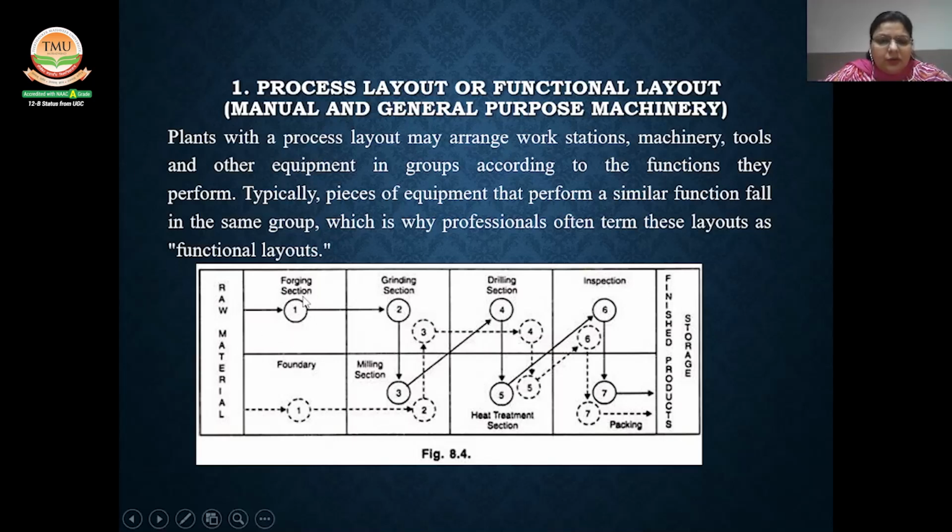Forging machines formulate the sheets of iron, and can make different shapes of the iron. Next, the arrow goes to the second section, called the grinding section. This is a very important section of any unit. Here every raw material is ground, or cut down into small parts.